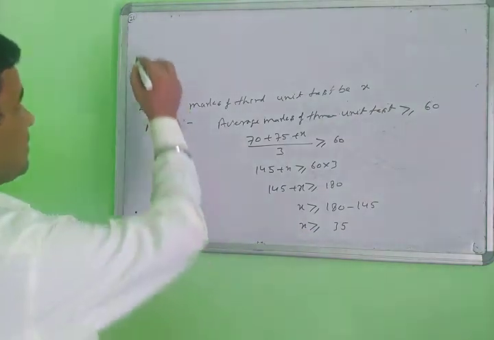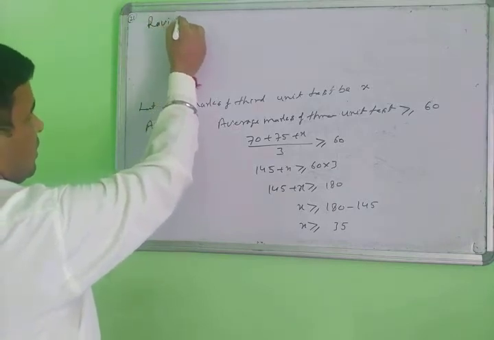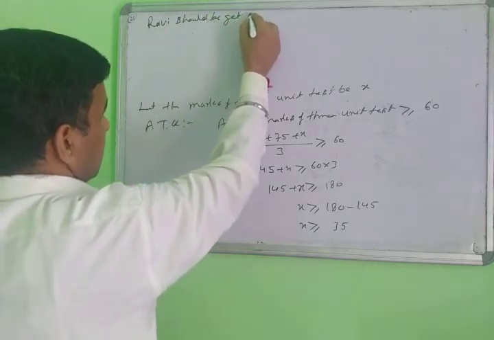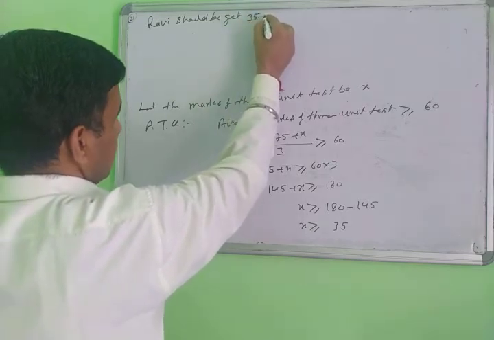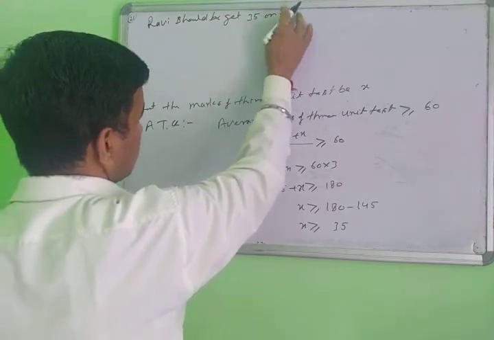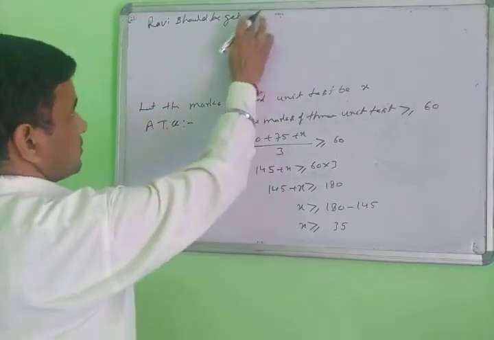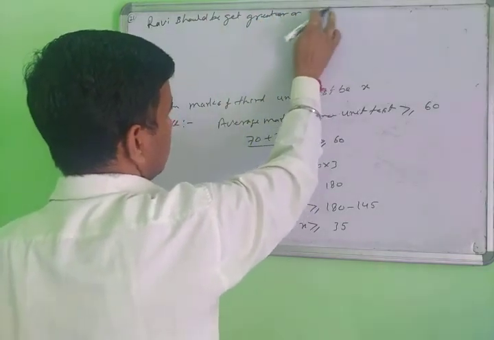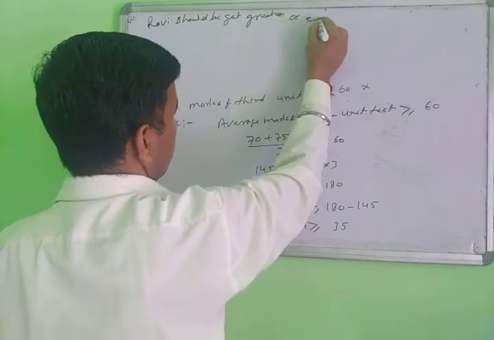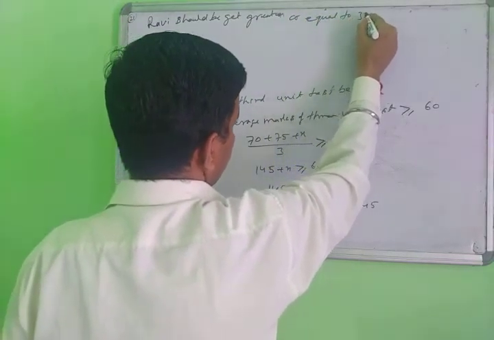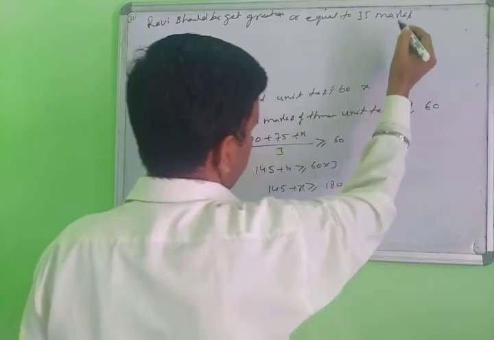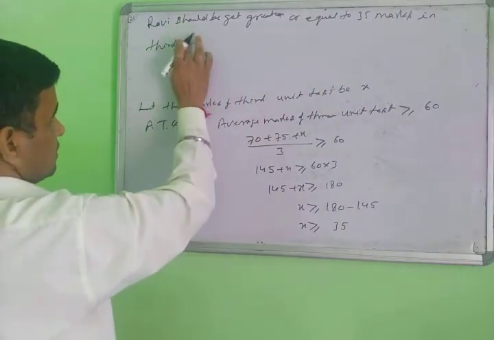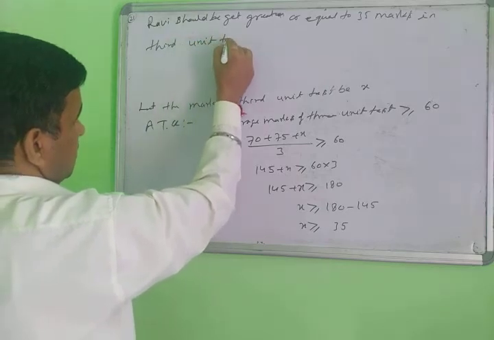It means Ravi should get 35 or greater than or equal to 35 marks in the third unit test.